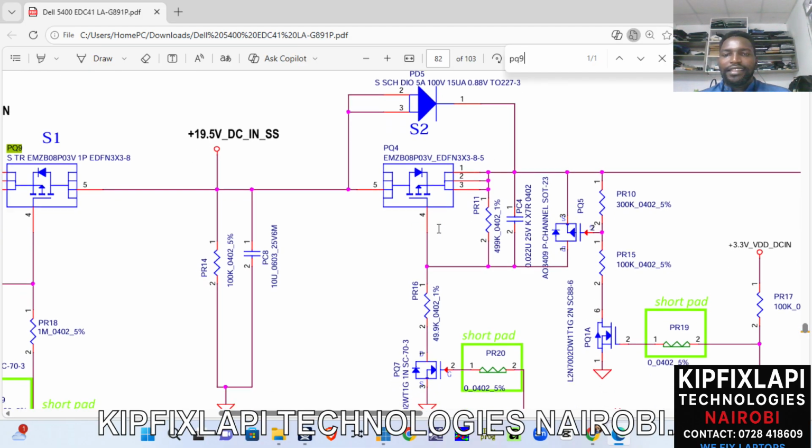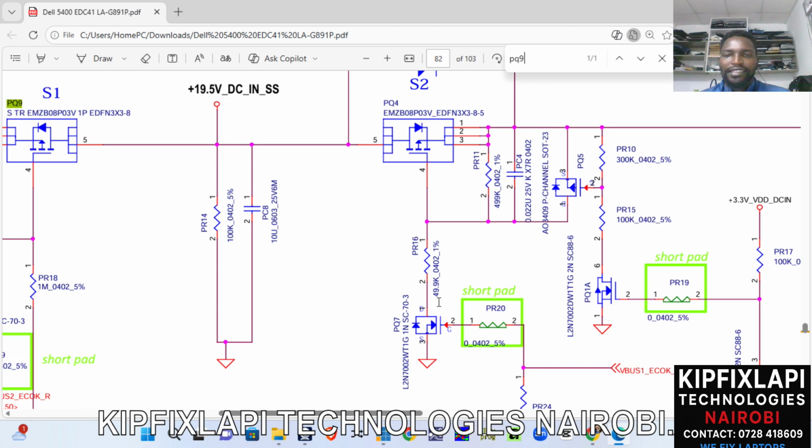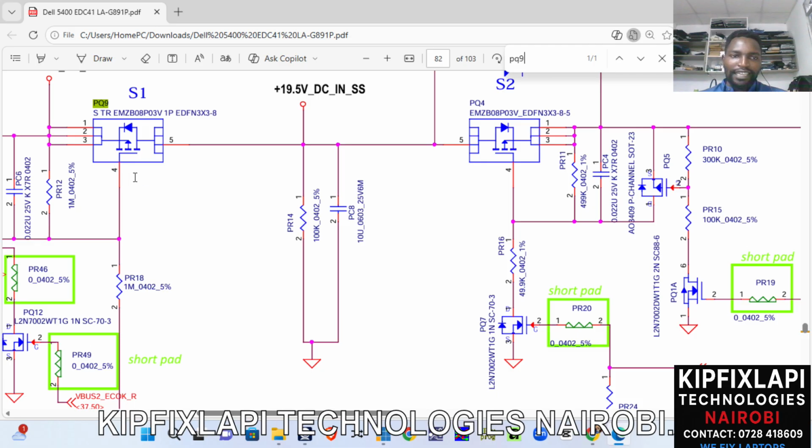Then you have the gate connecting to another resistor of 49.9 kilo ohms, size 4 by 2 millimeter, error 1%. So these are the signal lines which are used by the charging IC to control these switches. As always, the gates of MOSFET are the signal points.